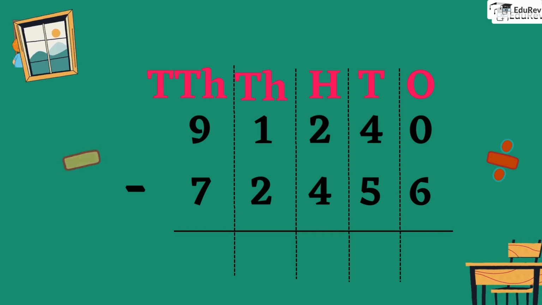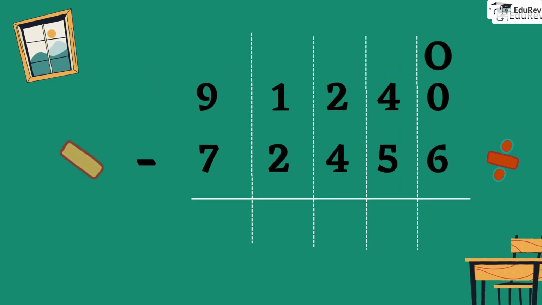Now, subtract the smaller number from the bigger number and start subtracting from ones place. Since 0 is smaller than 6 at ones place, we borrow 1 from 4 at tens place and the 0 becomes 10.